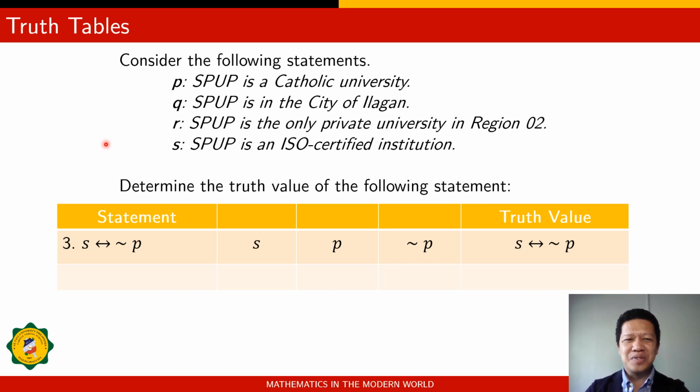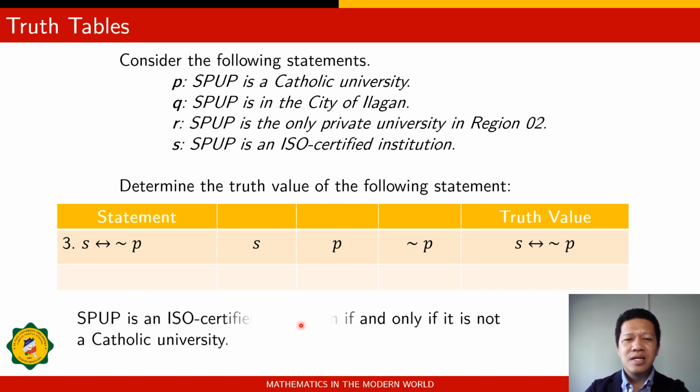Another example, we have the statement S if and only if not P. So that is in symbols. And the equivalent statement in words is: SPUP is an ISO certified institution if and only if it is not a Catholic university. Is this compound statement true or not?